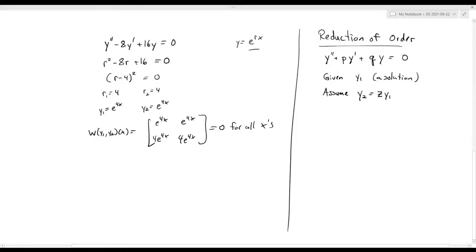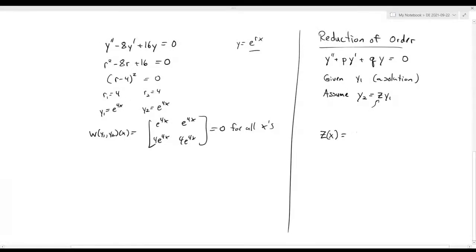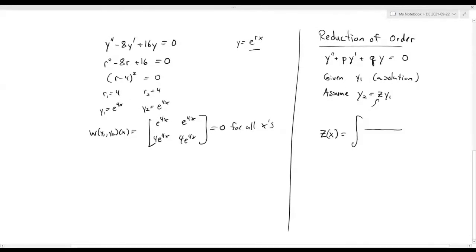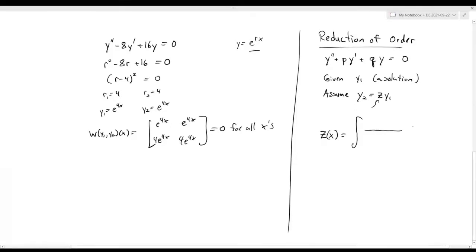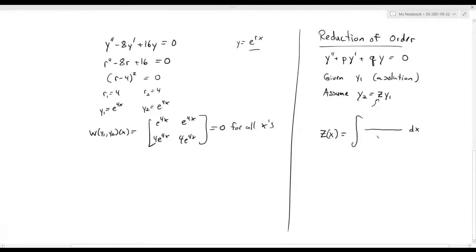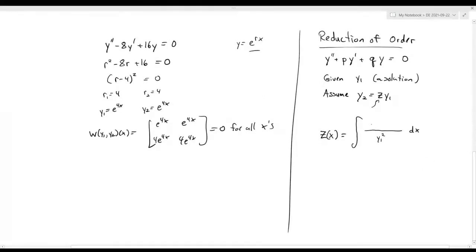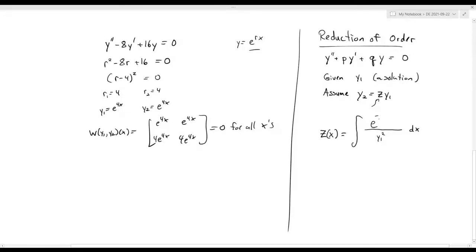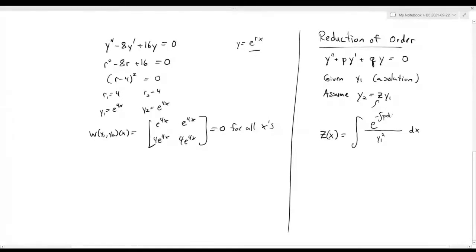And again, if you wanted to rederive the formula, you just have to compute y prime and y double prime and so on. But what you would then get at the end of the day is a formula for z. So z is going to be the antiderivative of a fraction. The denominator is the first known solution squared, and the numerator is e to the integral, antiderivative of minus p dx.